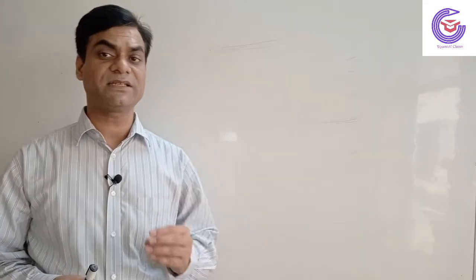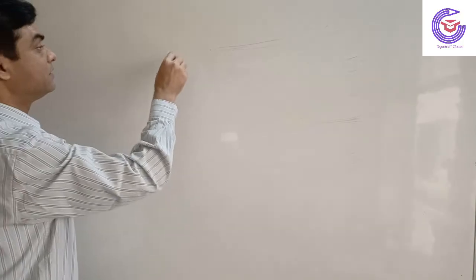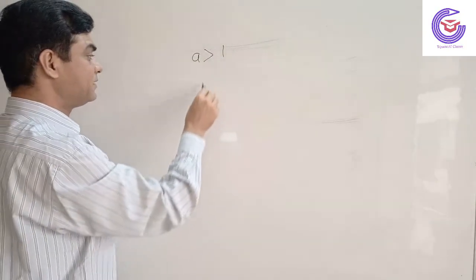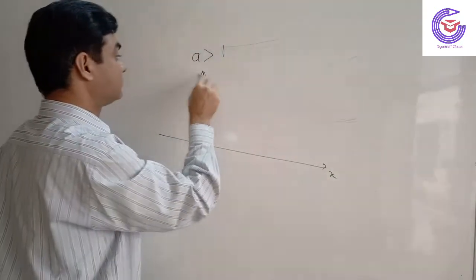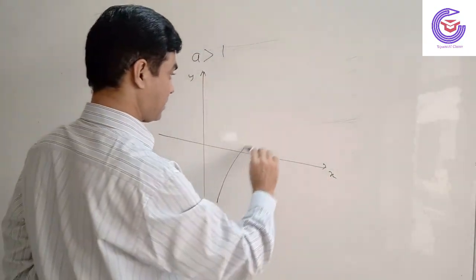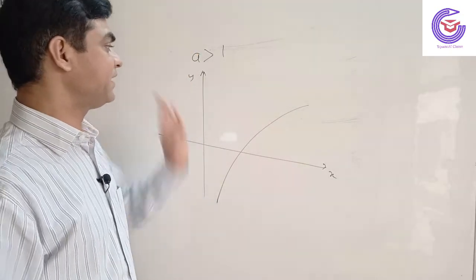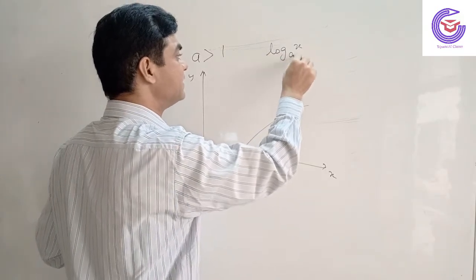There are some important properties in logarithms. You must be able to understand that thing. Suppose a is greater than 1 and you have plotted the graph. So this is the graph when a is greater than 1. This is the graph of log x base a.